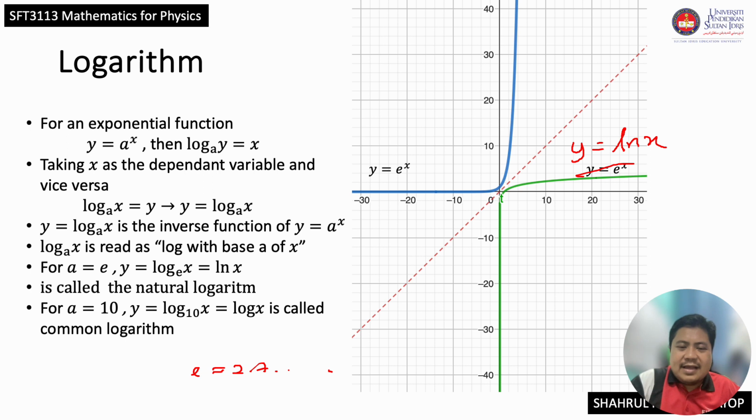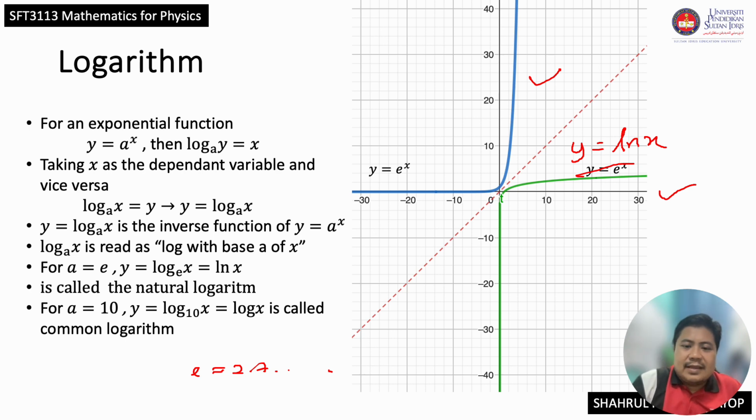They are mirror images of each other, on the condition that x and y have the same scale. We can see this is the mirror axis. So the exponential function and its logarithm are mirror to each other. It is like a reflection.